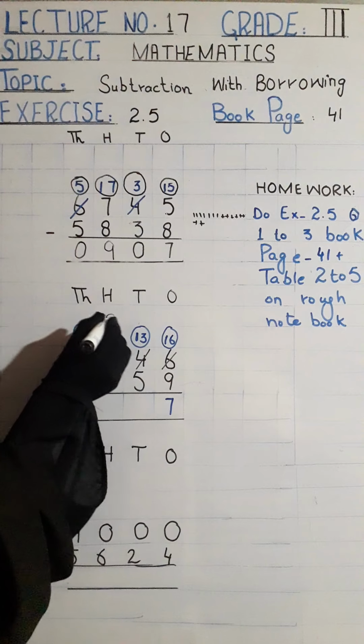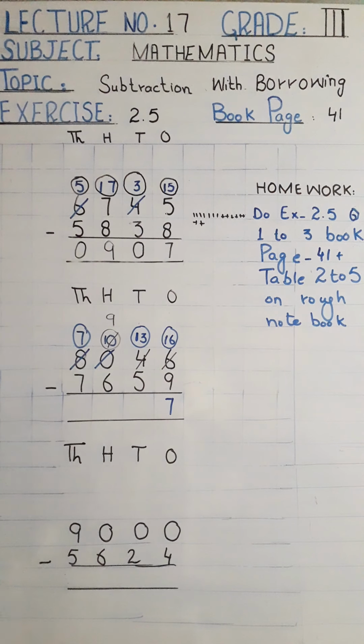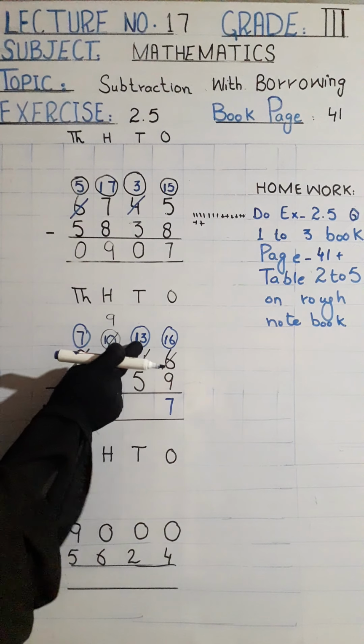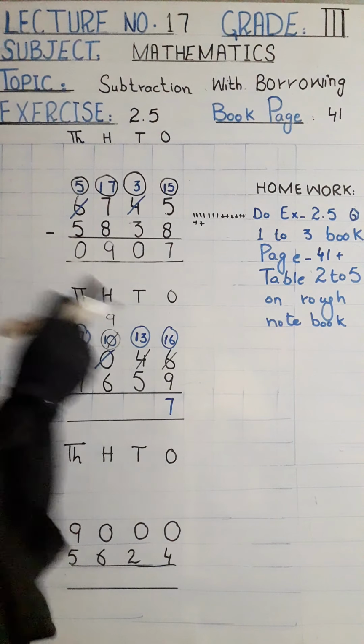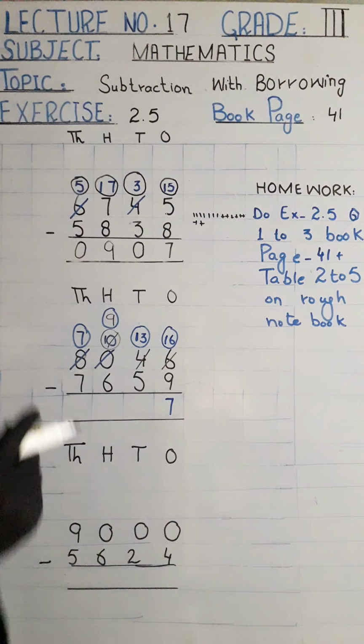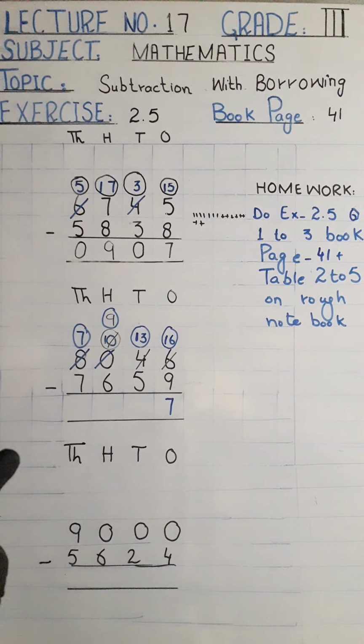No, it's 9, because 10 gave 10 to here. So it becomes 13. It becomes 13 tens. And here, how many hundreds are left? 9.